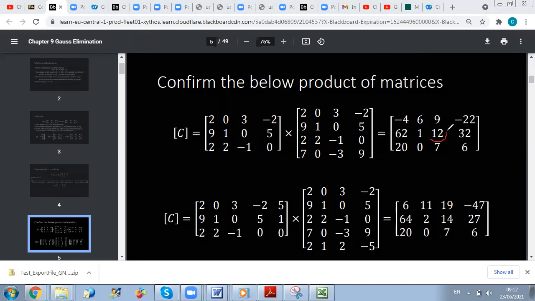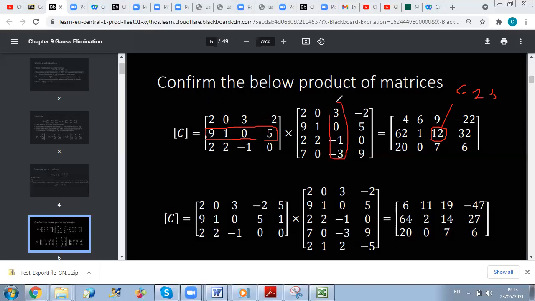If we take this element, how do we obtain it? This is C23. It's obtained by considering the product of the elements of row 2 with column 3.